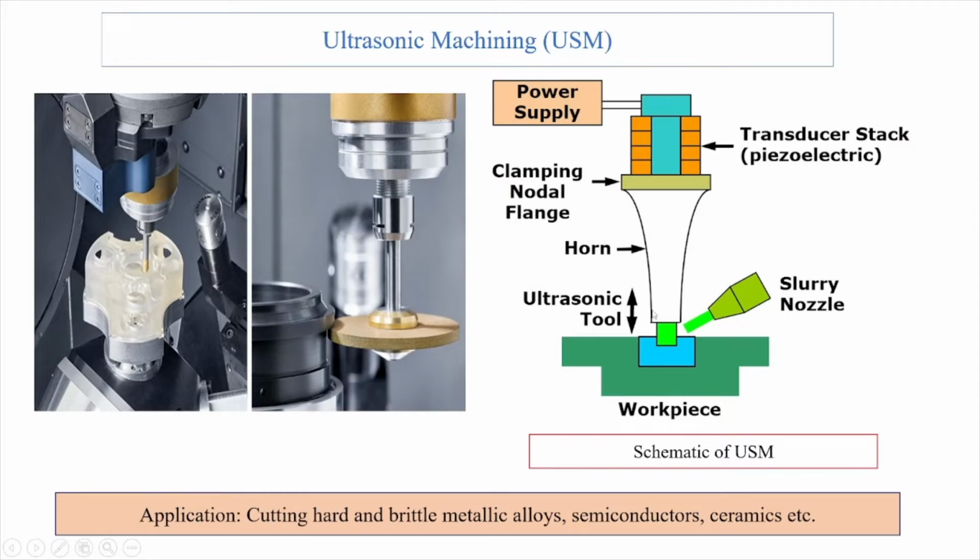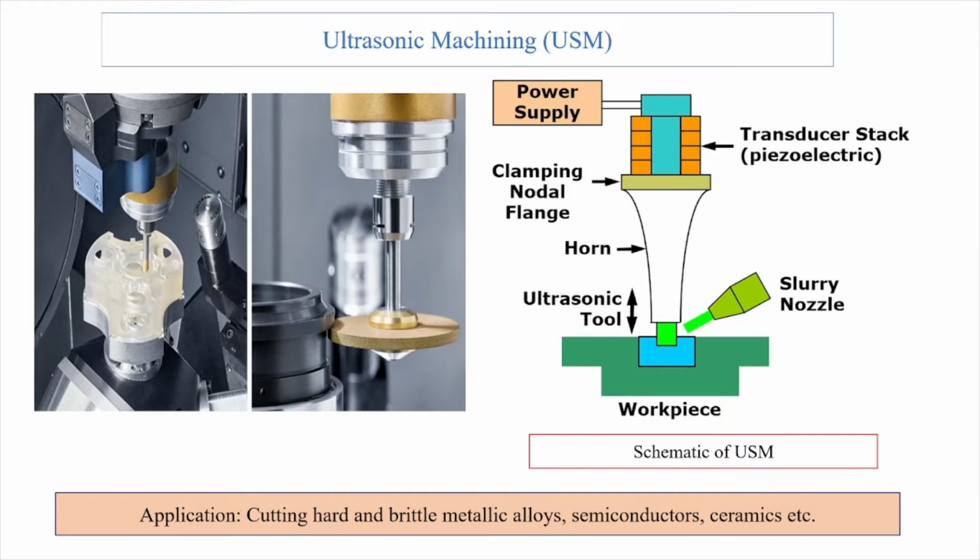Generally that tool is pressed downward at the feed force F, we can say. Then between the tool and workpiece, the machining zone is flooded with abrasive particles, which can be in water-based slurry also. As the tool vibrates over the workpiece, the abrasive particles act as indenters and indent both the work and tool material.